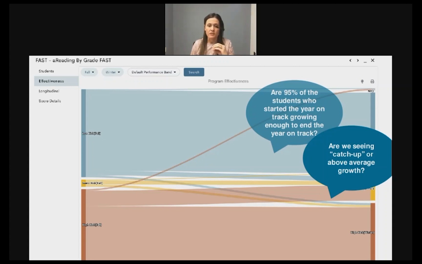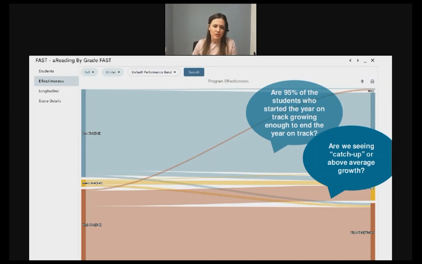Likewise, when we look at the students who have levels of risk, are we seeing that the students have growth rates that we would expect? So catch-up growth is something that we want to make sure that we're seeing for our students, and that's to make sure that we're enhancing or accelerating learning. So average growth means that students grew at a typical rate by the end of the year. For students where we see there's a large gap, we would expect that rate of growth to be much higher.